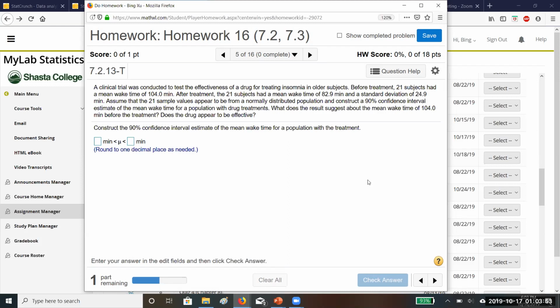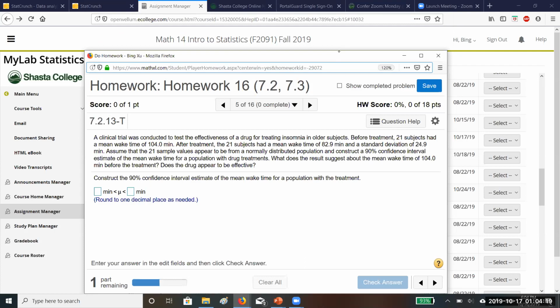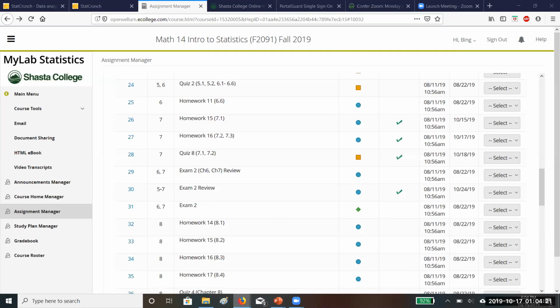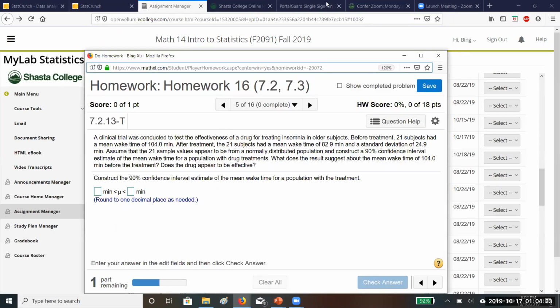A trial was conducted to test the effectiveness of a drug for treating this disease. Before treatment, 21 subjects had a mean wake time of this many minutes. Okay, so this is before. This number is confusing. Okay, I want to write on it. Okay, there we go.